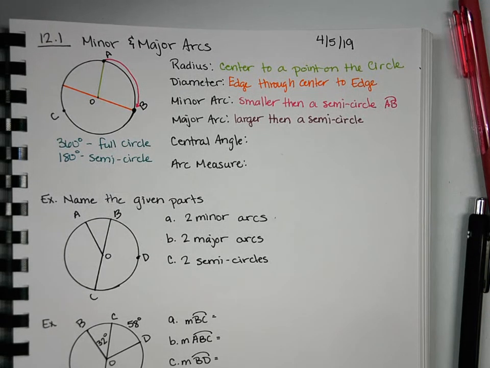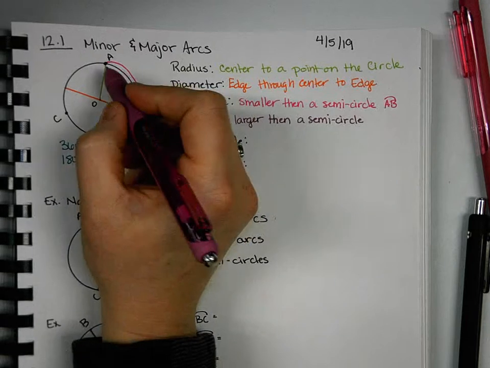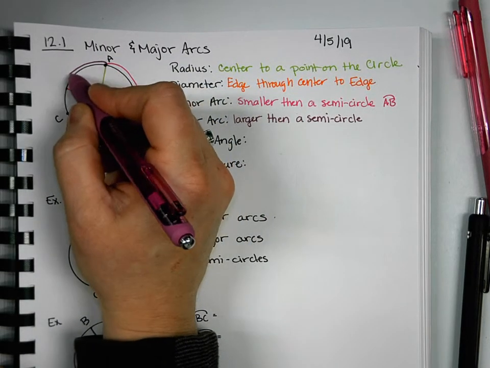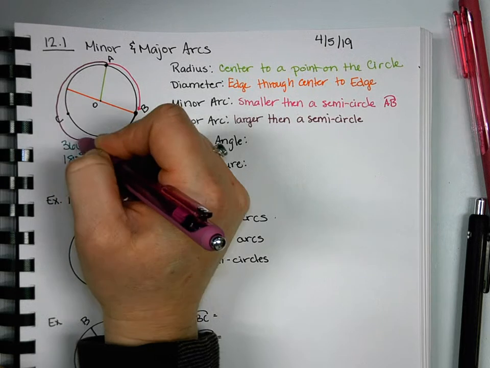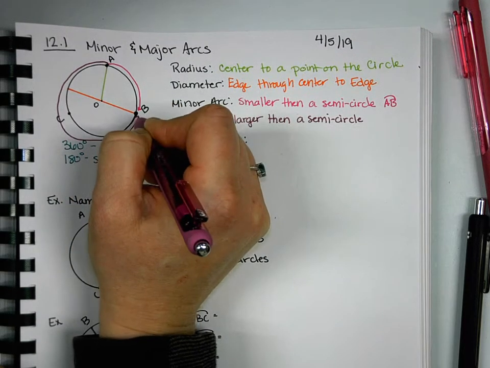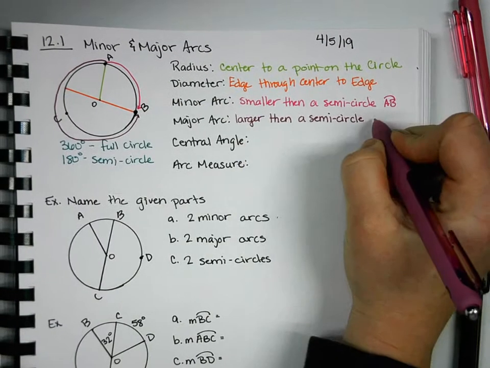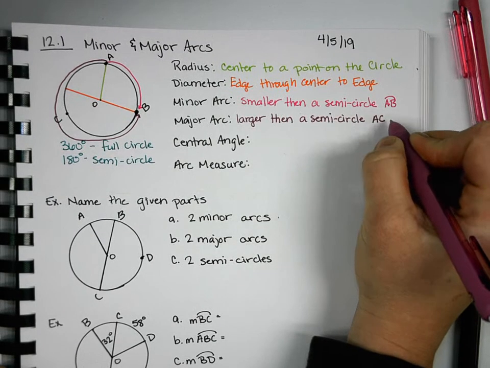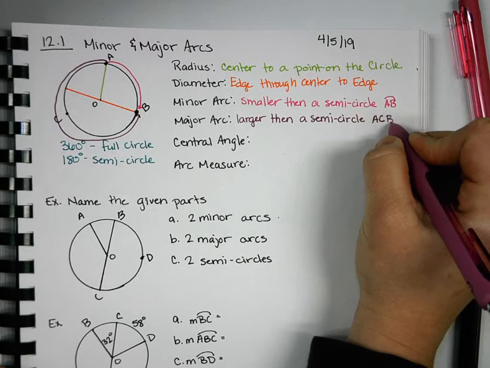When we label a major arc, we need to use 3 letters. So if I was going to do major arc starting at A, going this way, so I go past C all the way around to B, I would have to say where I started, a point in the middle, and the end point.